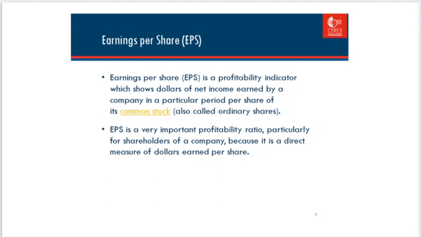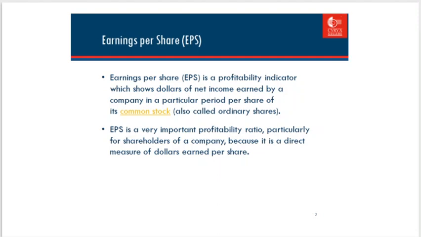Since the number of shares of common stock of a company fluctuates during any particular period because companies continuously issue new shares, go for stock splits, issue stock dividends and buy back shares, the per share figure for EPS is calculated based on the weighted average number of common shares outstanding.